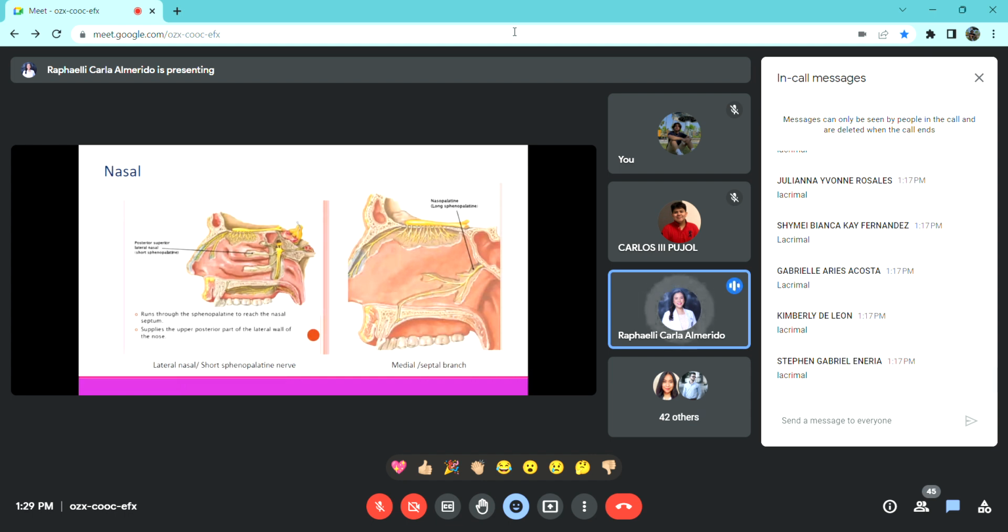That sphenopalatine nerve moves further anteriorly to the terminal portion. So the nasopalatine area here in front, the papillary portion here, is the terminal portion, but the starting part will be your medial or septal branch.